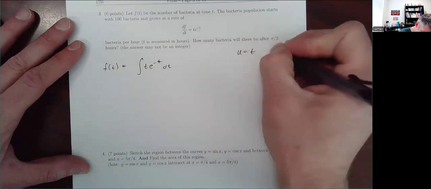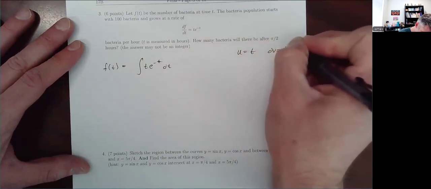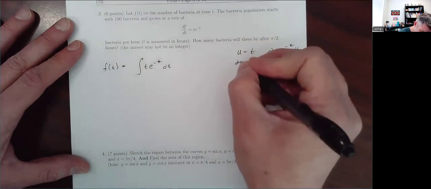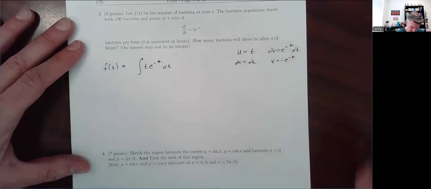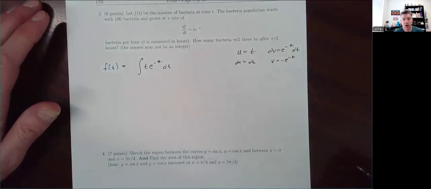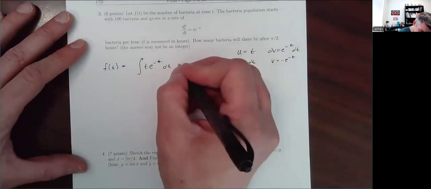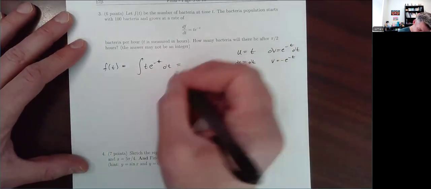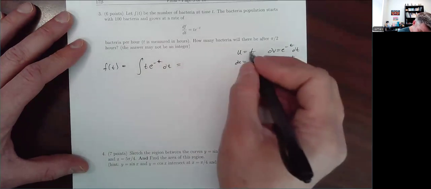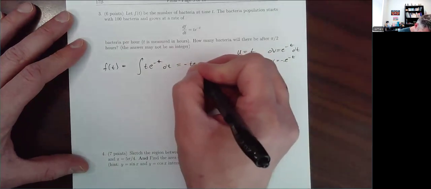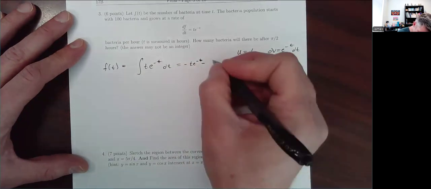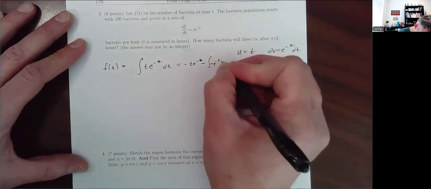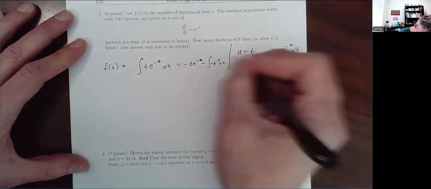U is t, dv is e to the negative t dt. du is 1 dt, v is negative e to the negative t. So that's going to be equal to negative e to the negative t times t, so negative t e to the negative t minus the integral of v dt, which is the integral of negative e to the negative t dt. Sorry, it's kind of a little scrunched in there, apologies.